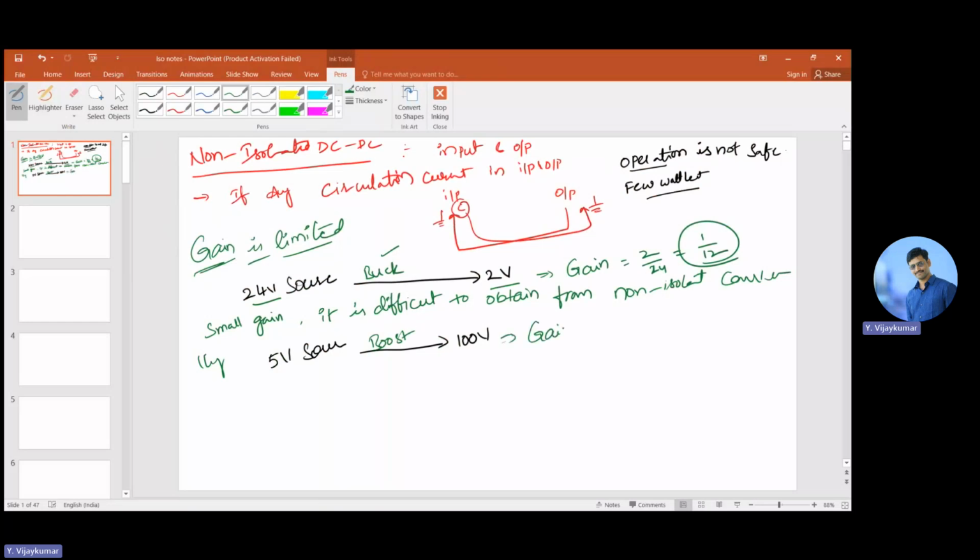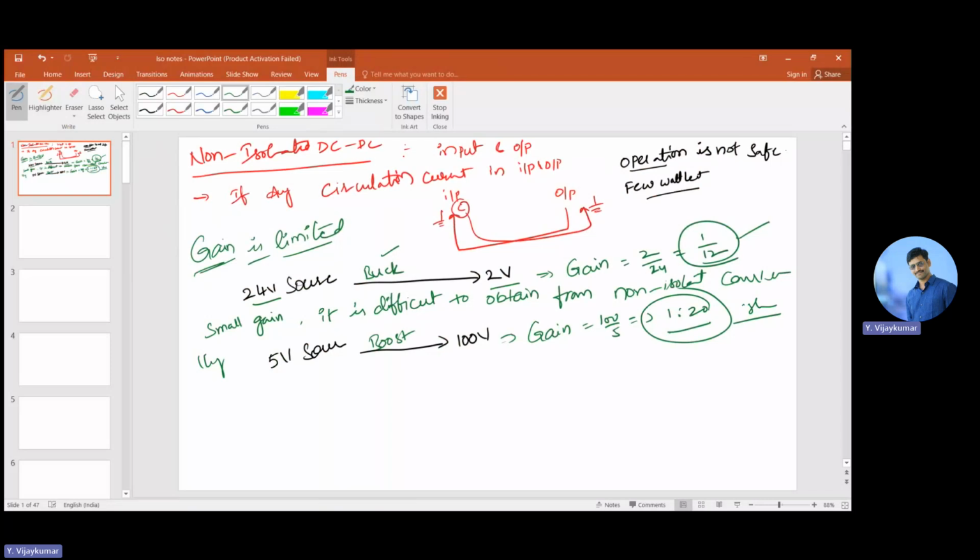The gain is output by input, 100 by 5, which is a 1:20 ratio. This is also a very high gain, and it is not possible to achieve a 1:20 ratio gain using a non-isolated DC-DC converter.